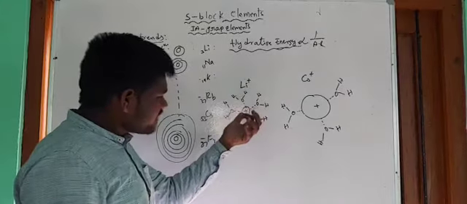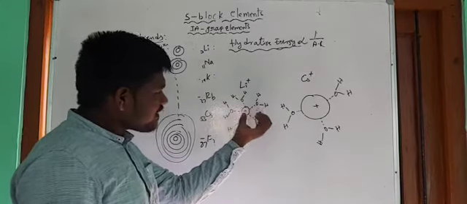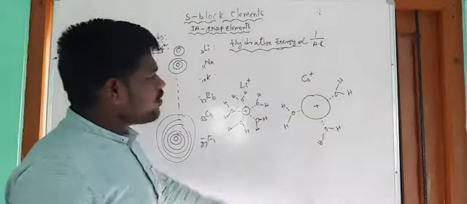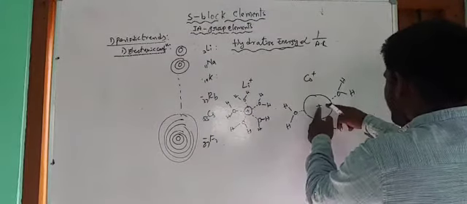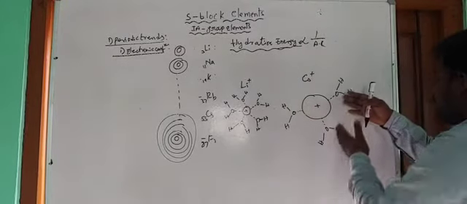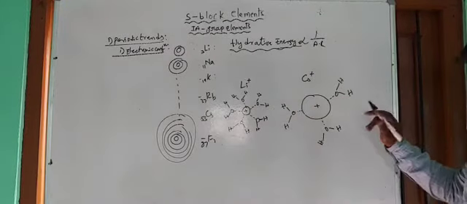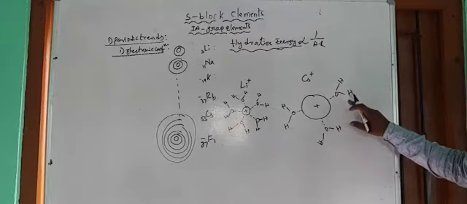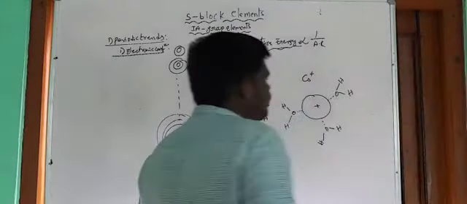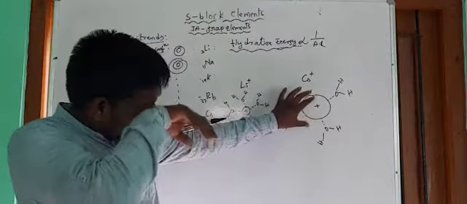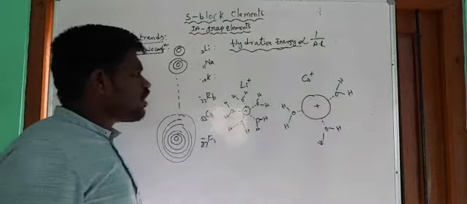Because of the small size, this one is able to attract the negative part of the water. But in this case, the size is very large, so the capacity to attract the partial negative charge present on the oxygen is very poor. So this one is coordinated by fewer water molecules.